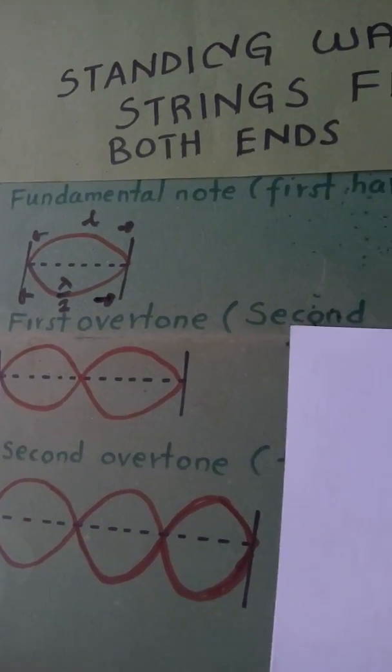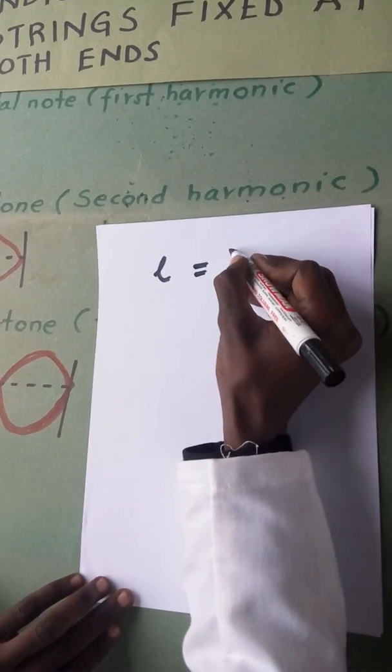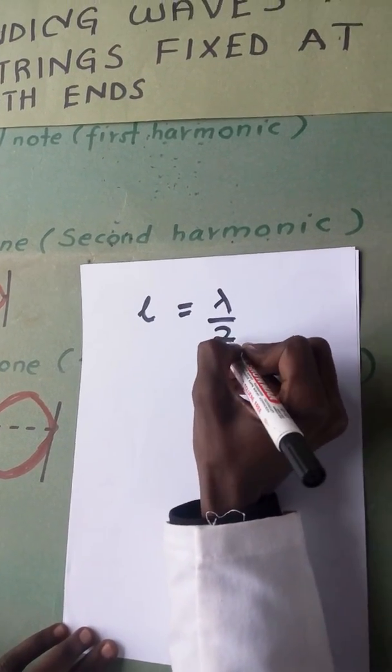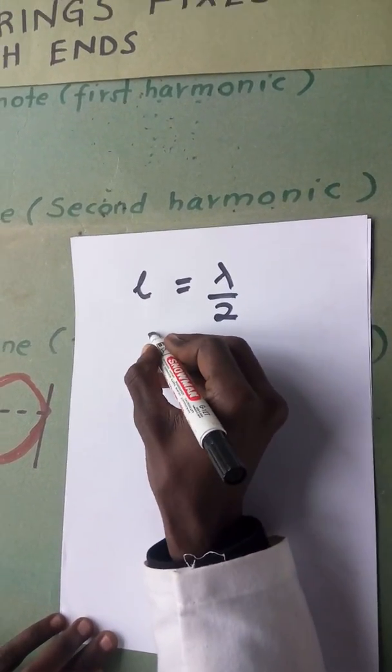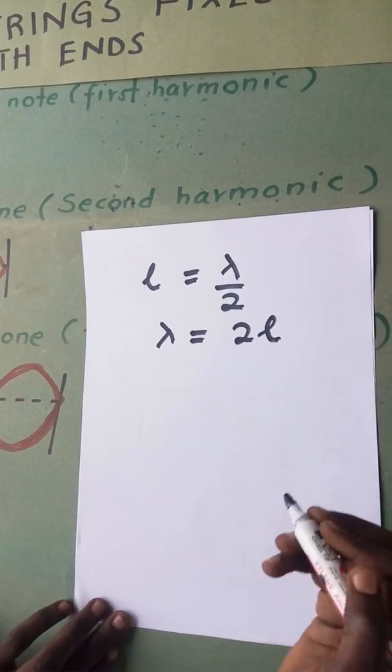So the length of the string is equal to half a wavelength, whereby wavelength is equal to 2 times the length of the string.